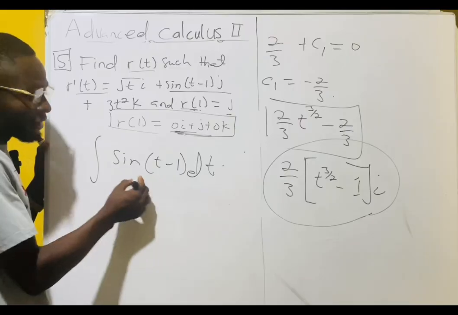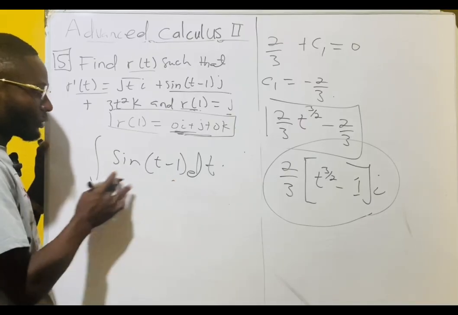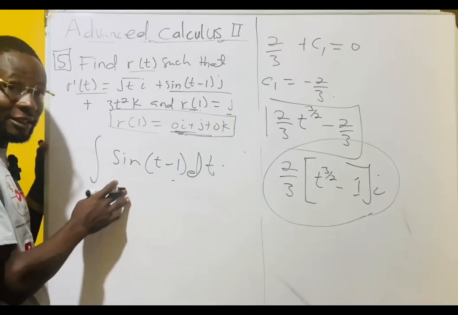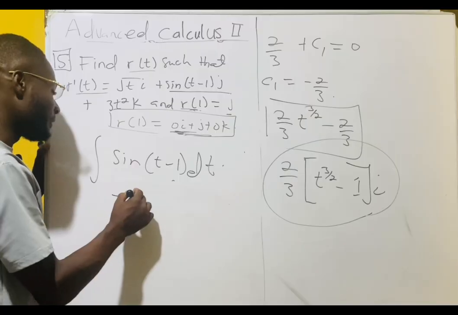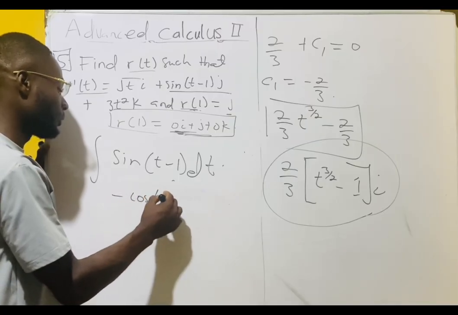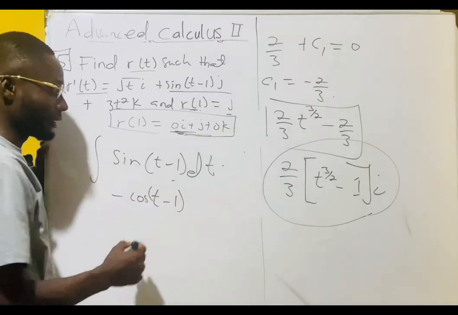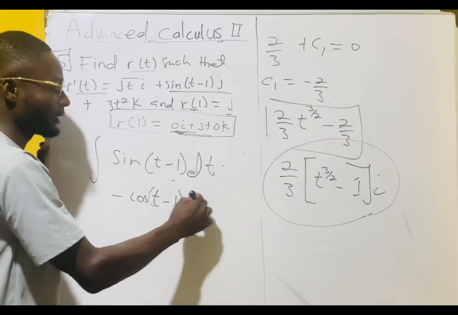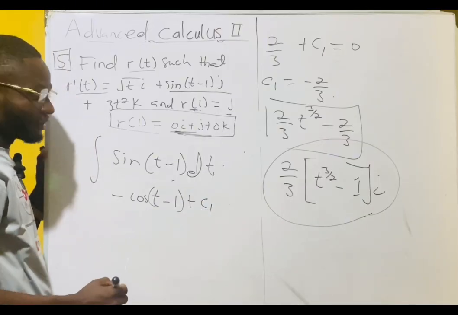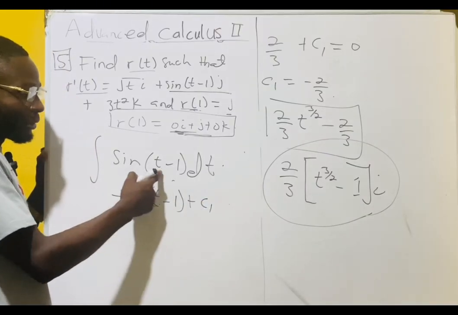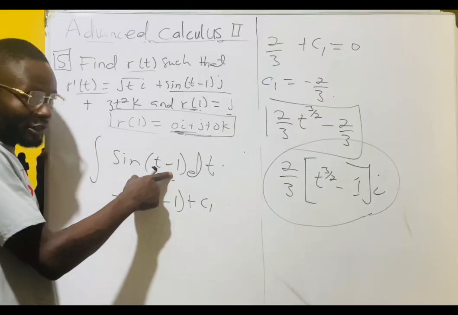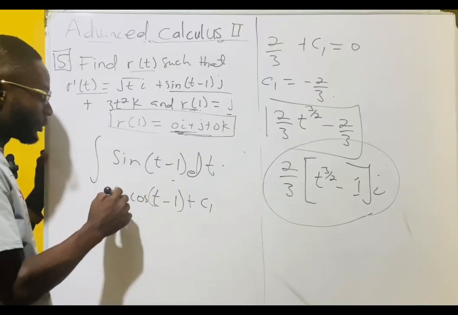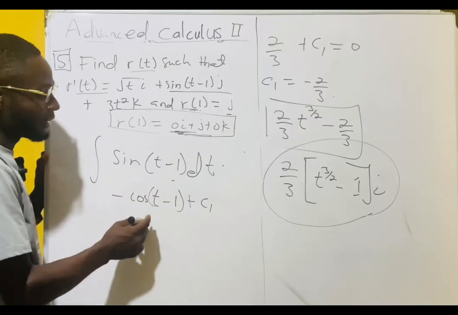So we integrate this function. Okay, so you know that when you integrate sine, you get negative cos. So you have negative cos of t minus 1, plus a constant of integration, c2. And you know that when you integrate the inside, t minus 1, you're going to have 1. So it's the same function, right?